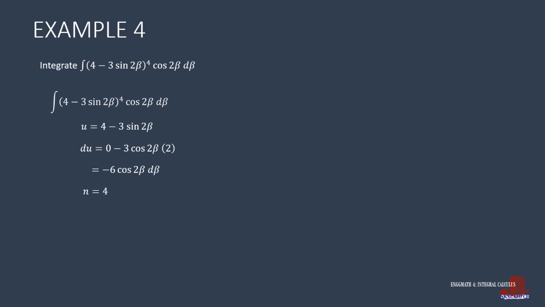So having a constant in the derivative, let's adjust the function by multiplying negative 6 to cosine 2 beta d beta, and also to have negative 1/6 before the integrand, to make the whole function easily integratable.